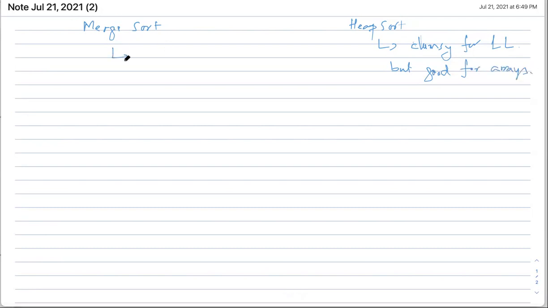Merge sort, on the other hand, is actually good for linked lists. Good in the sense that we can actually get an in-place sorting algorithm. But the sorting algorithm for arrays is non-in-place for arrays.